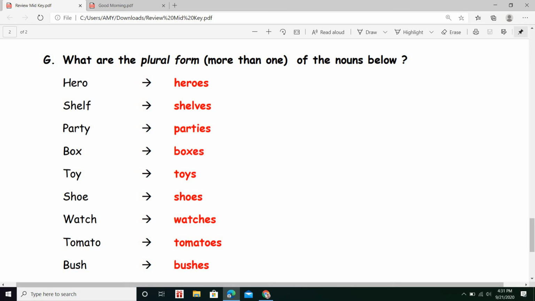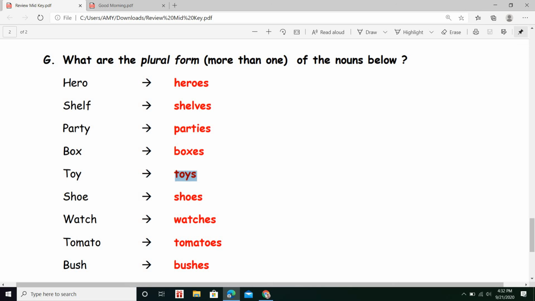Now, for toy, if you get a little bit confused why for toy we only put S and not IES, why it is different from party, it is because the word toy has the vowel O followed by Y. So the plural form of toy is toys.